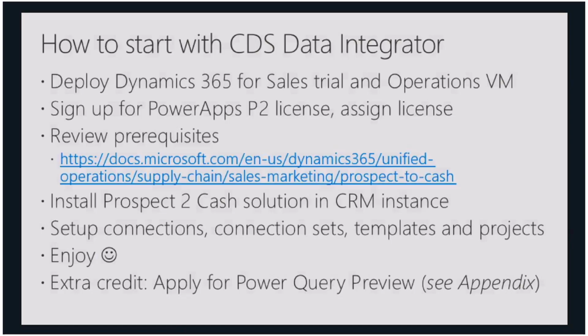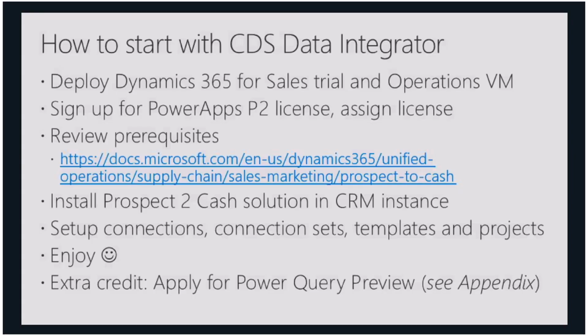If you haven't had a chance to try out CDS Data Integrator yet, there are a few steps you can take to start. First of all, unless you already have a sales instance and an operations instance, deploy a trial for sales, which is free, and you may use one of the operations dev boxes provisioned in Azure.